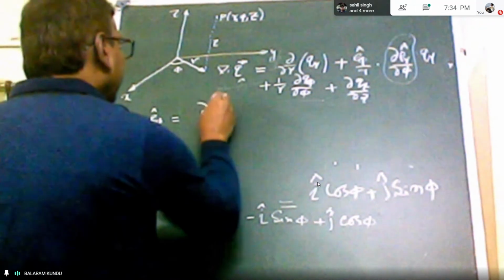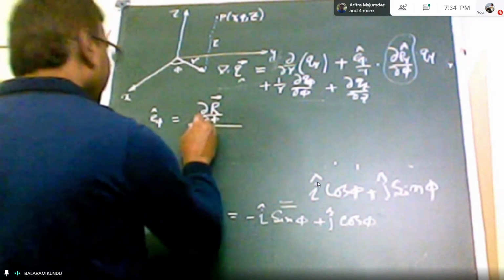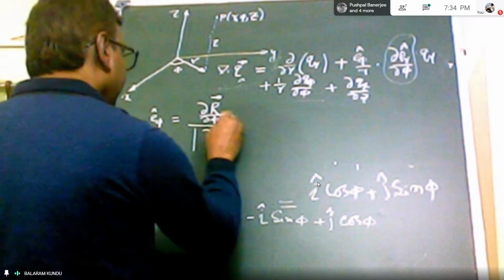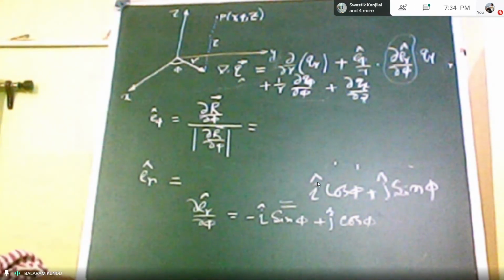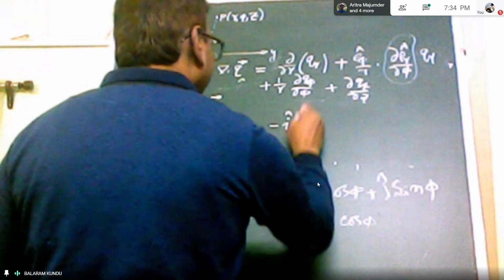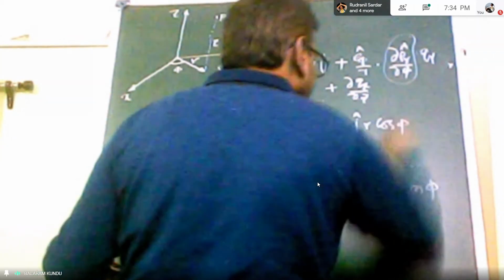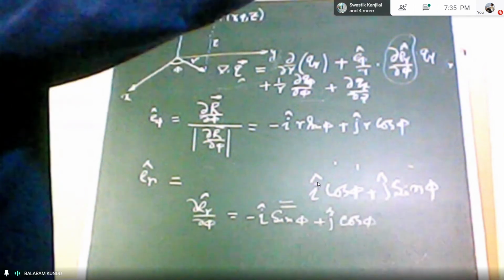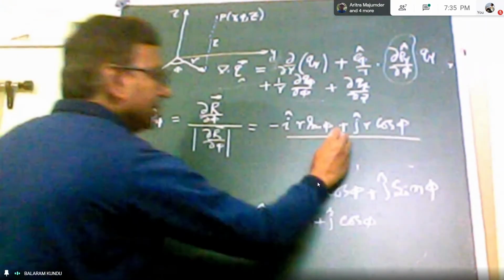So that should be del r by del phi, divided by the magnitude of del r by del phi. The r expression is already i r cos phi plus j r sin phi. Differentiating it, it will be minus i r sin phi plus j r cos phi, plus k into 0, that should be 0, divided by the magnitude of this, which will be r.